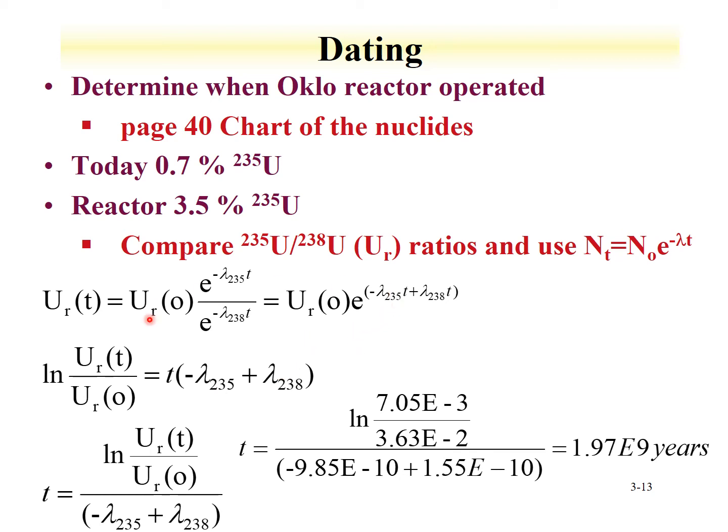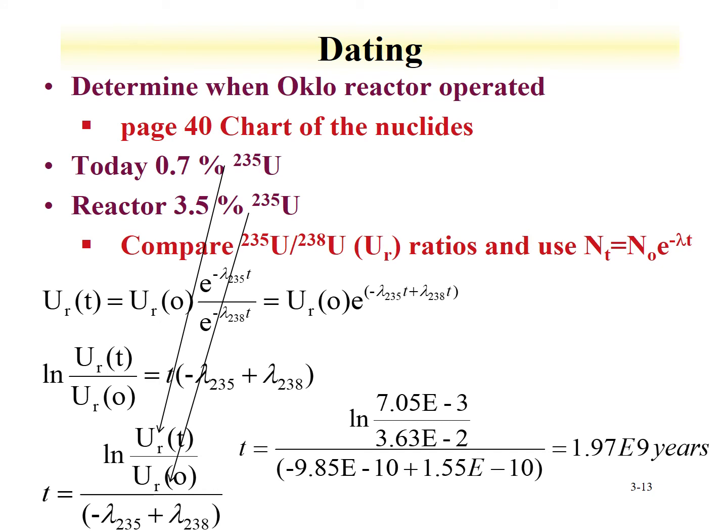We just rearrange and solve for time. We have the ratio at time t, the initial ratio. We know the decay constants. We rearrange this equation, and we get a value on the order of 2 billion years, which is actually pretty accurate.